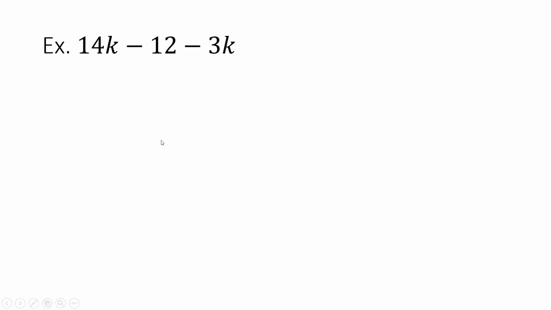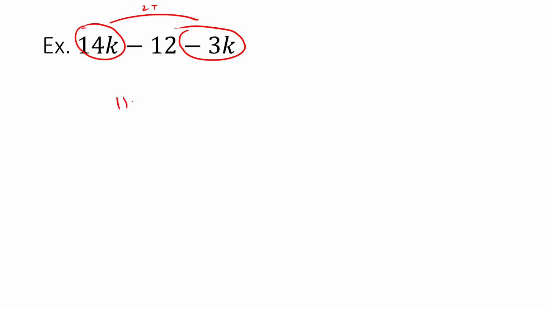Here's a better example. Here we have 14k minus 12 minus 3k. We have three terms, and let's start combining like terms. Let's start with 14k. 14k are like terms with minus 3k. Now combine them. 14 minus 3 gives you 11.